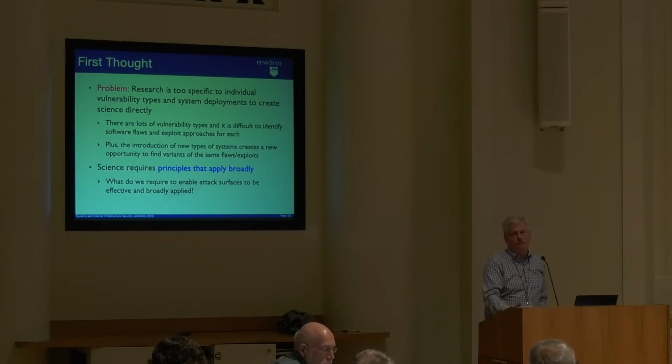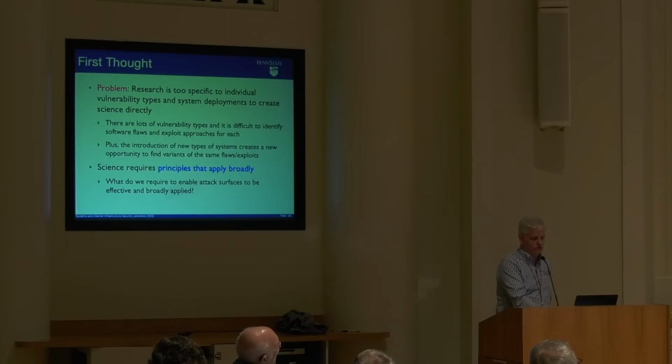We're hoping for a science where we have principles that apply broadly, and the challenge is that vulnerability types and the individual ways they manifest across different system deployments are difficult for us to apply broadly.